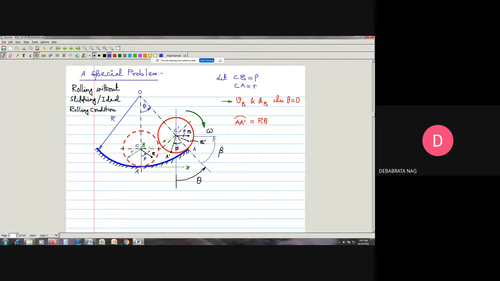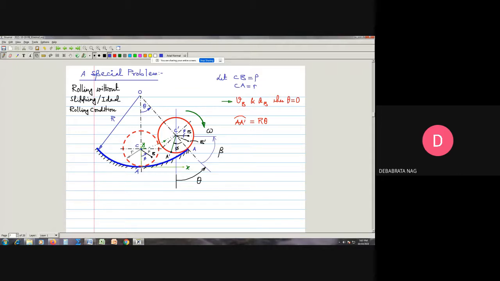And we can think of the transformation from this CA to C dash A dash as a combination of curvilinear translation plus rotation. I bring the center to its desired location, that means the C dash position.